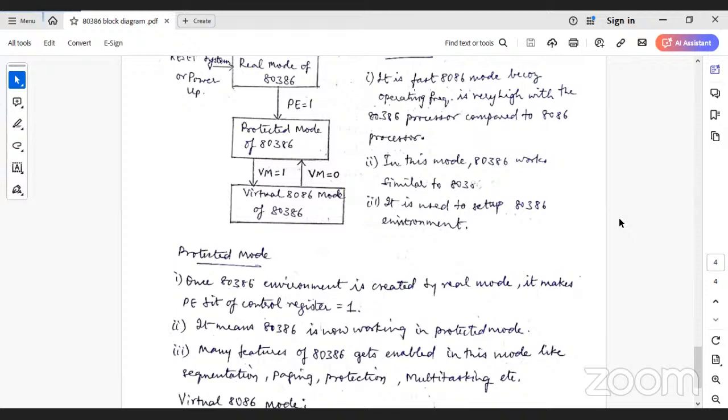And one more thing I wanted to suggest. In your syllabus, semiconductor memory is one topic. See the contents page, Block 2.